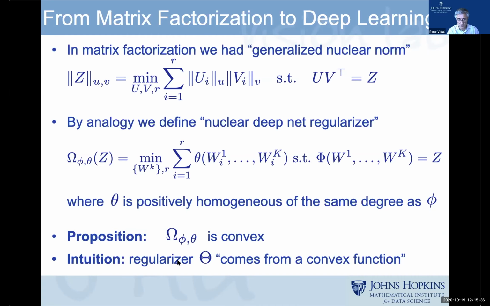There is this relationship between building homogeneous regularizers of a fixed degree and putting a convex penalty on the output of the network.